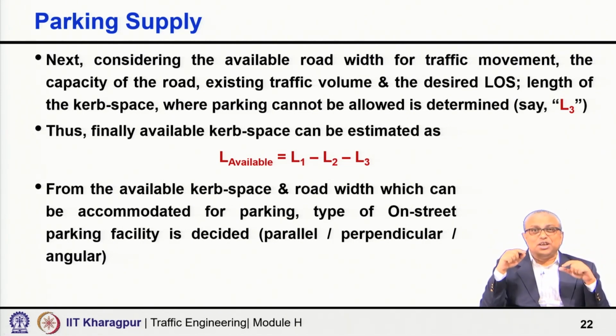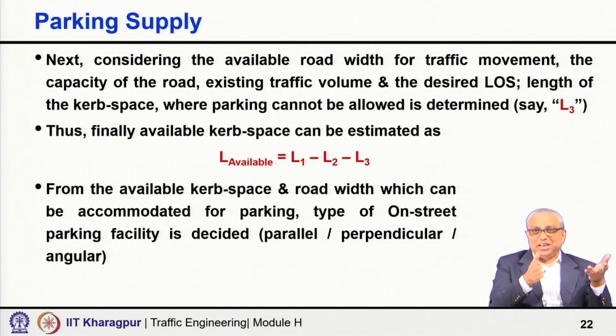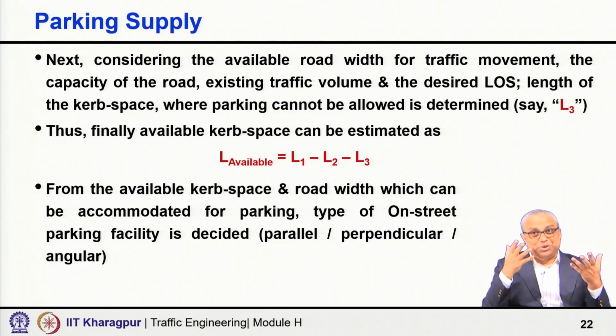Then I have to decide what kind of parking I will allow. Shall I allow parallel parking? Shall I allow perpendicular parking, or go somewhere in between, angular parking, 30 degree, 40 degree, 60 degree, all these kinds of things? That we have to decide. Why? Each has a different implication.